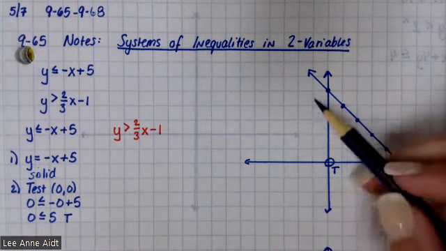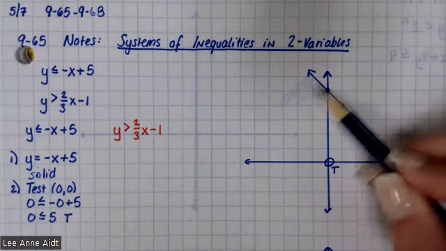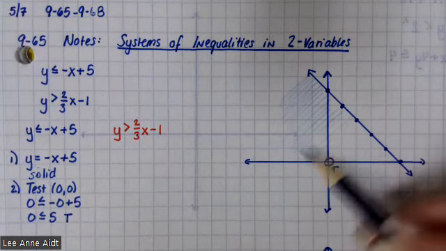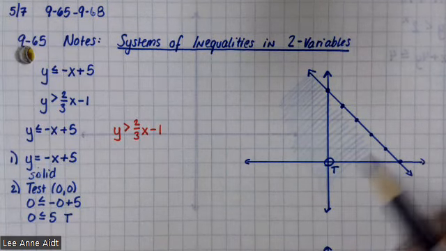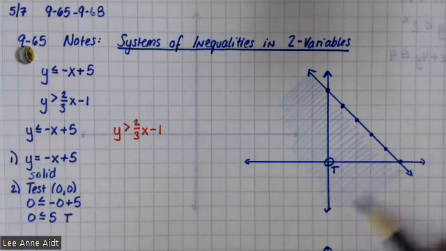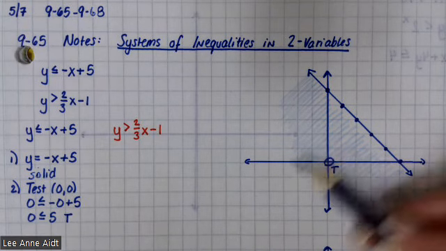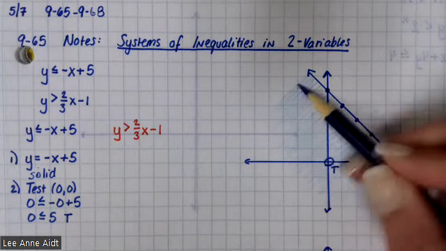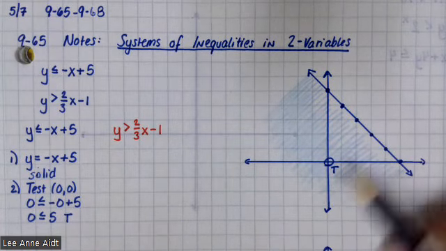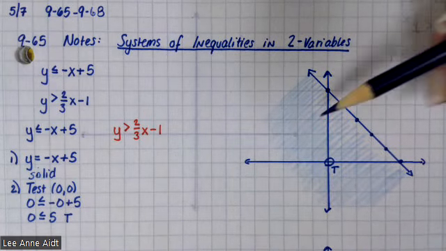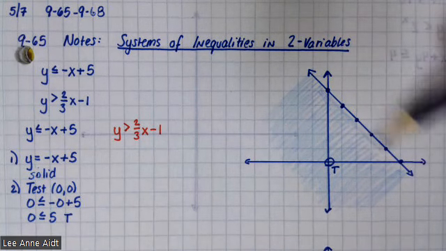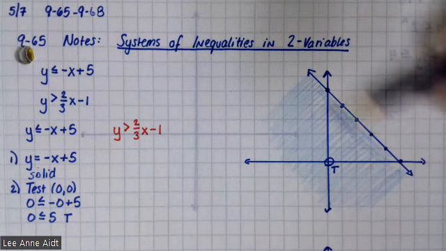And I'm going to take my blue colored pencil and shade toward the true. Always shade the true side. All of the things that you're shading are coordinates that would make true in that particular inequality, including the line.